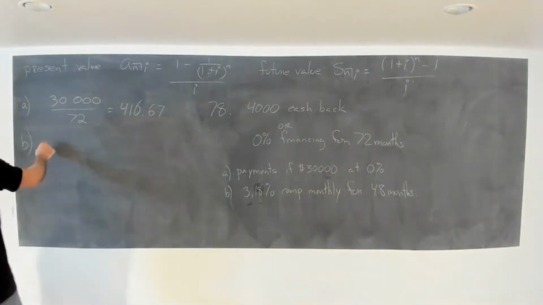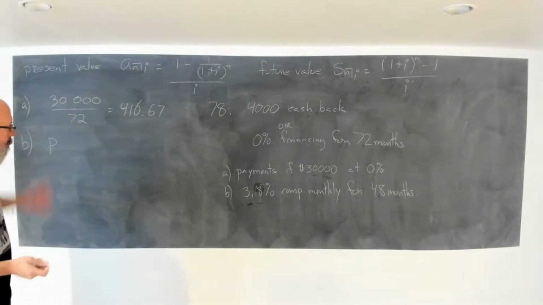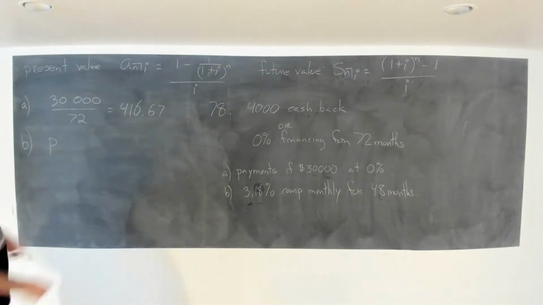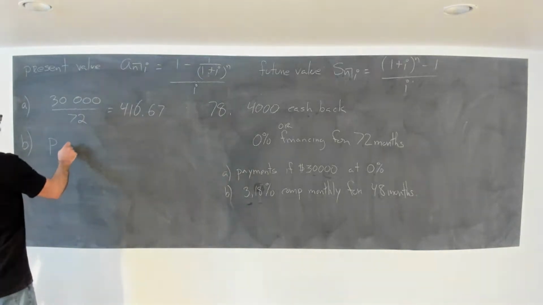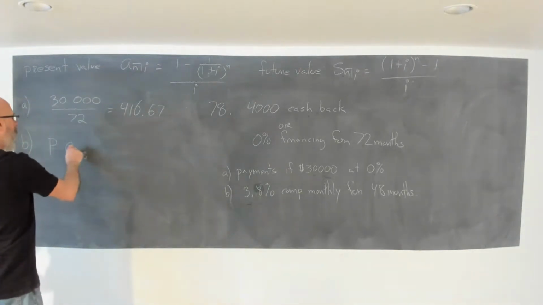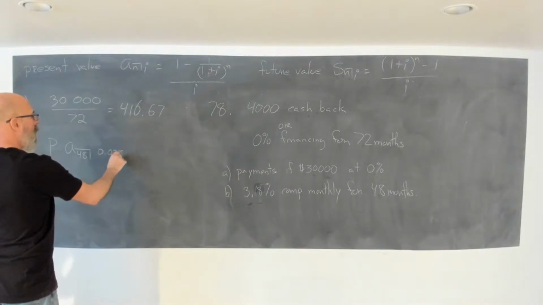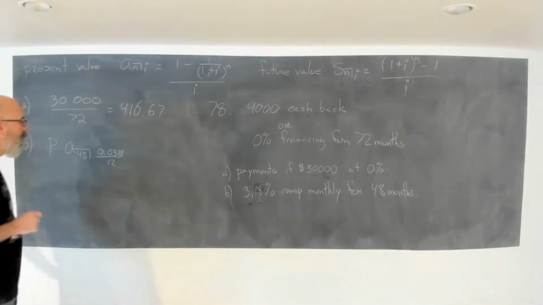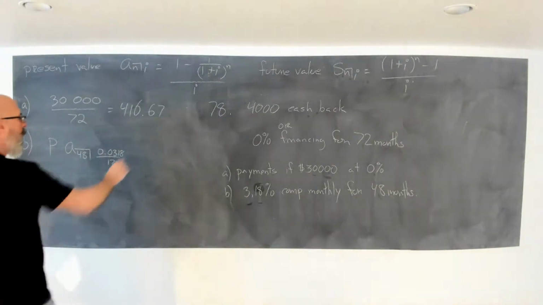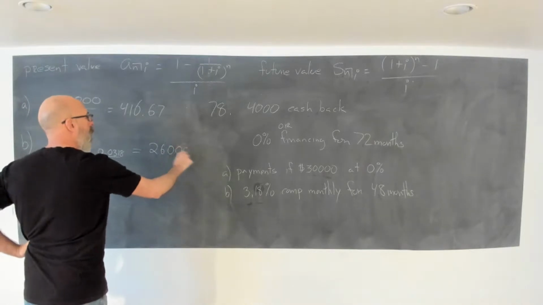So what are the payments? Some payments of P we don't know. Present value, right? Because you're getting the truck right now. Present value, 48 months, at 0.0318 divided by 12, rate every month. And that should be equal to 26,000.